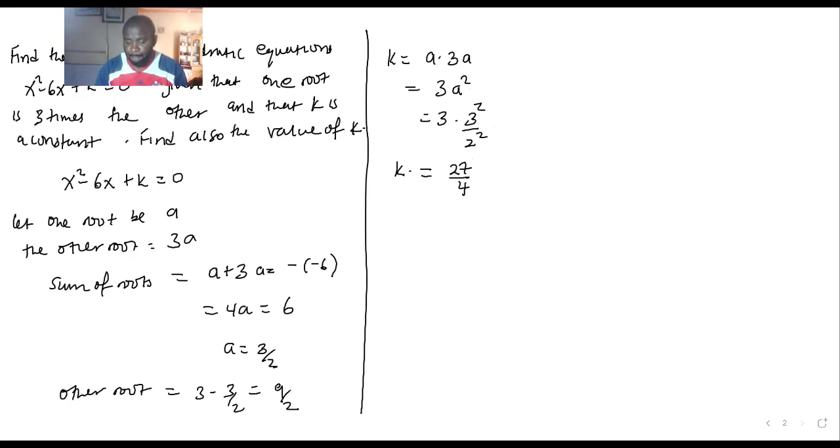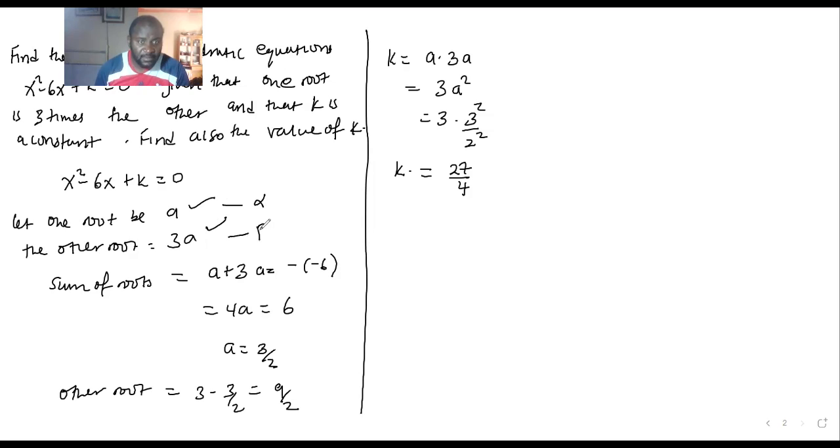Questions? Teacher, how are we getting k as a times 3a? The roots are a and 3a. Do we agree? This is your alpha.